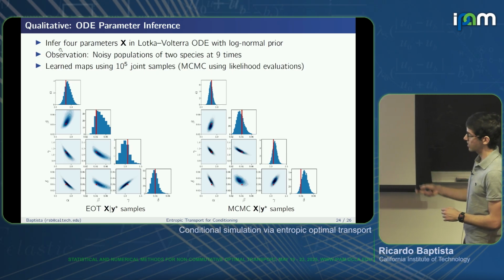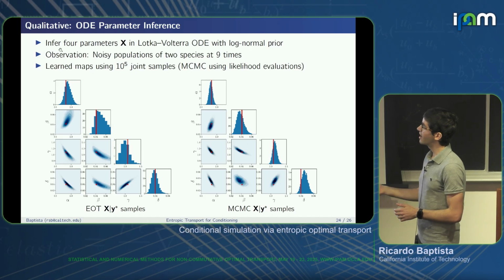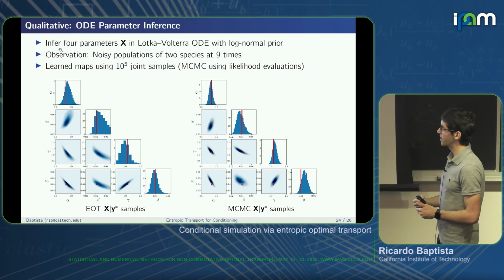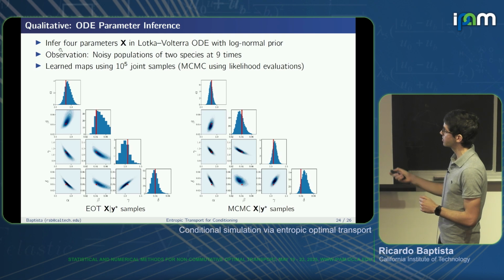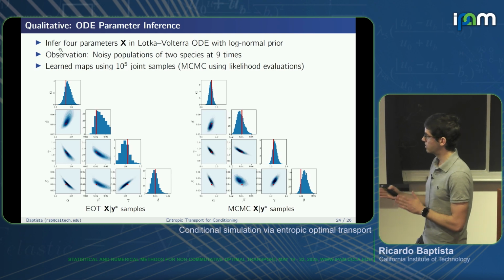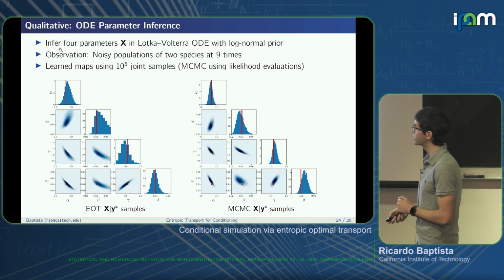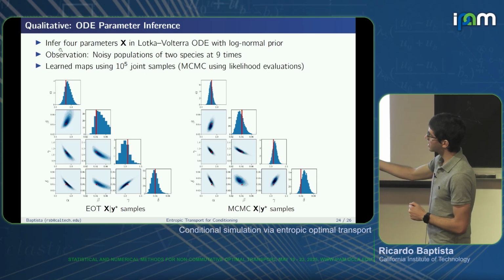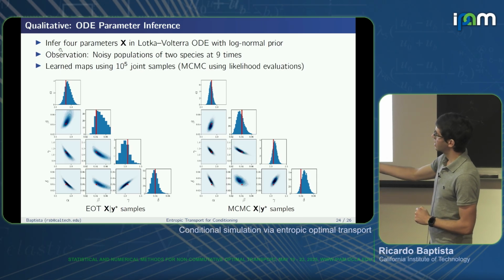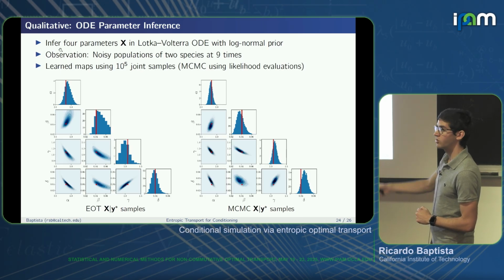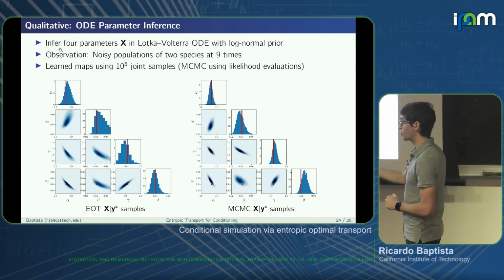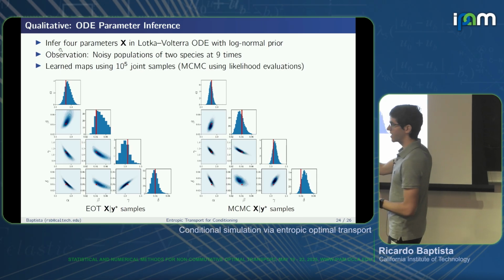This is a problem coming from population dynamics. And the observations were 18 of them over time, so of two different species in this model at 9 different times.